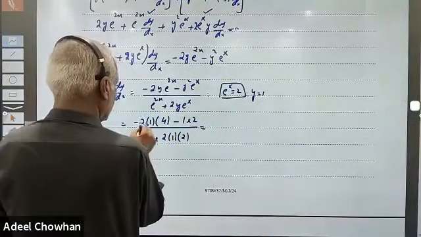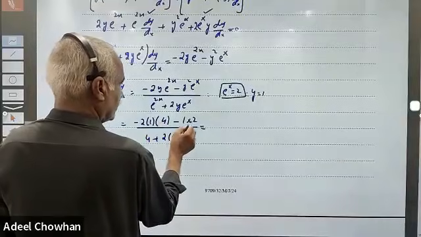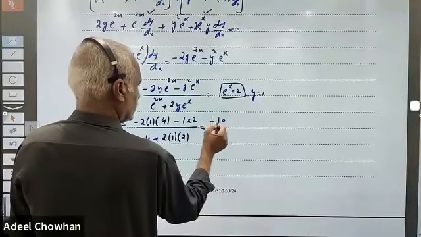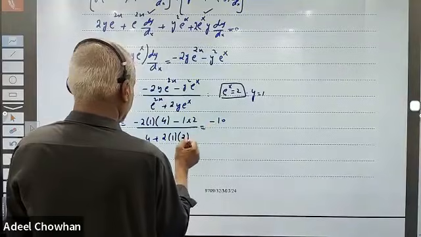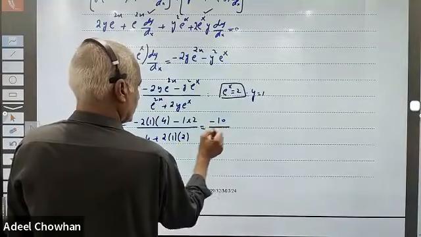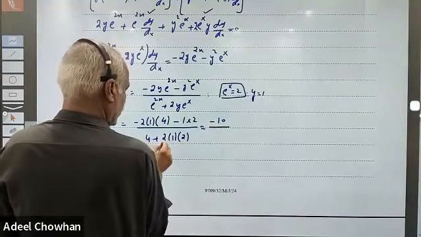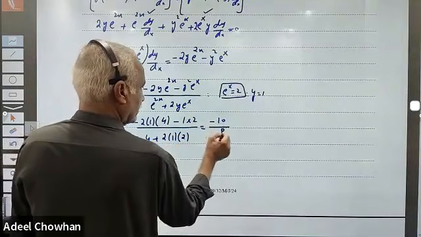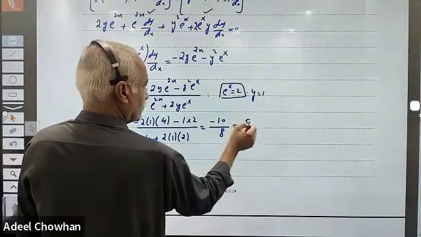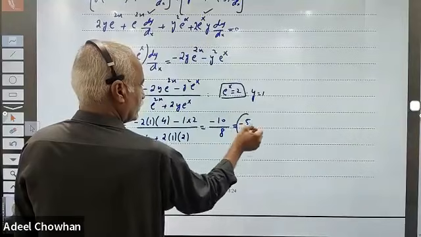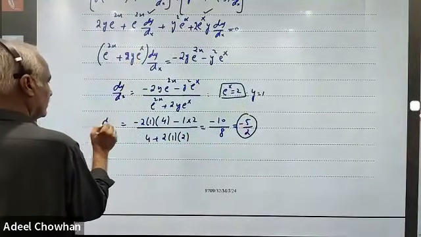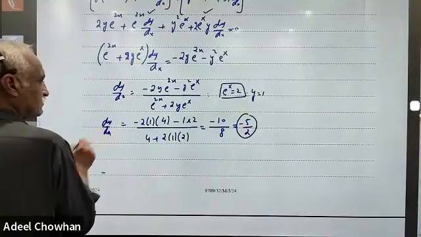So that is equal to minus 8 minus 2, which is minus 10, divided by 4 plus 4, which is 8, or that is equal to minus 5 by 4, the value of this gradient here.